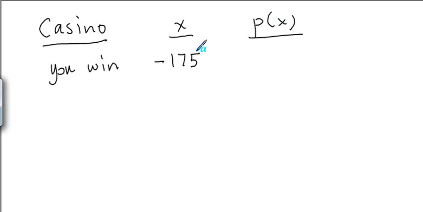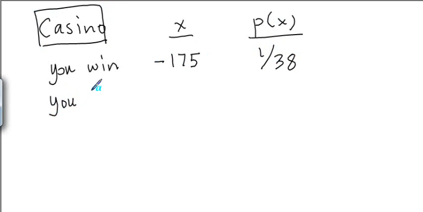What's the chance of that happening? 1 out of 38. There's only one way you can win, and that is if you land on number 7. What happens if you lose? Well, if you lose, then they win. How much do they win? They get your $5. And there are 37 ways that can happen, if you don't land on number 7.